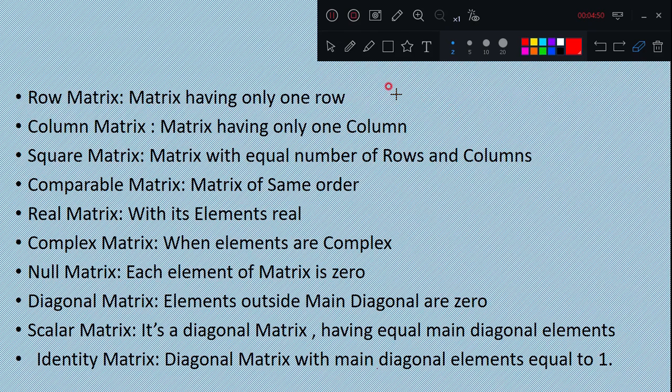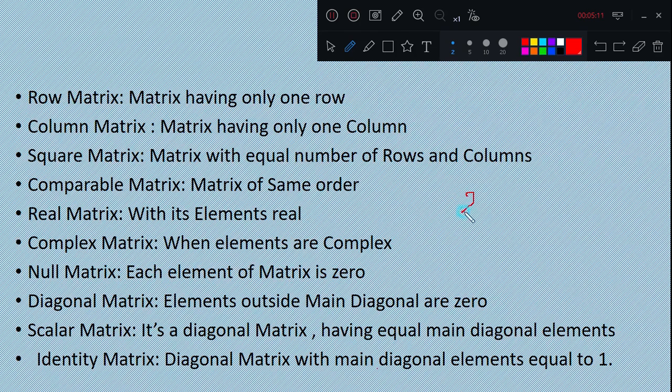Now, real matrix. A real matrix is a matrix with its elements real. Fine. If I have a matrix, like the examples I have given previously in which I just wrote real numbers, then all those matrices were real matrices. Complex matrix. A complex matrix is a matrix in which the elements are complex.